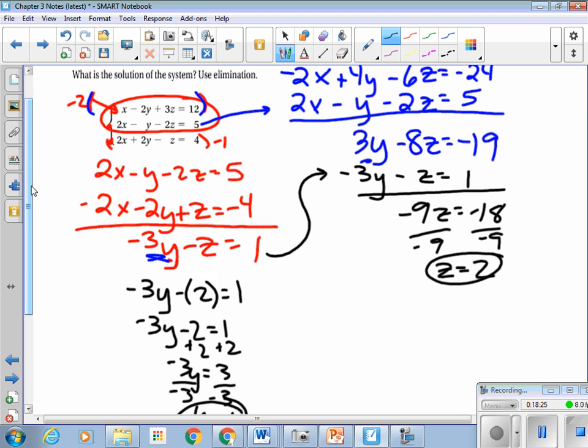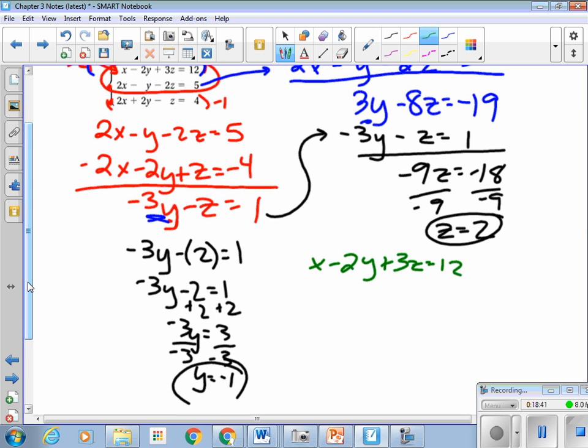So let's pick Mr. Top one right here. So x minus 2y plus 3z equals 12. We don't know x. We do know that y is negative 1. We do know z is 2.